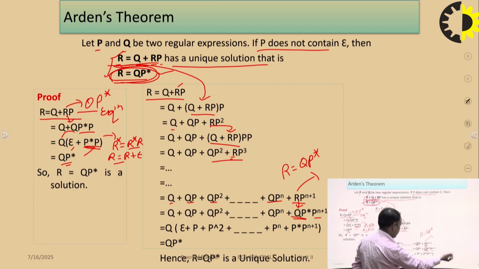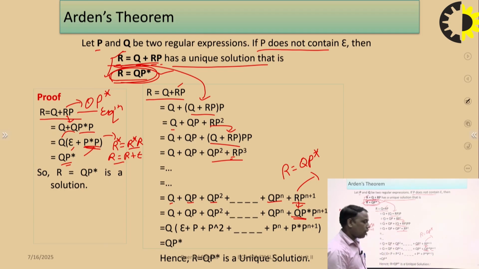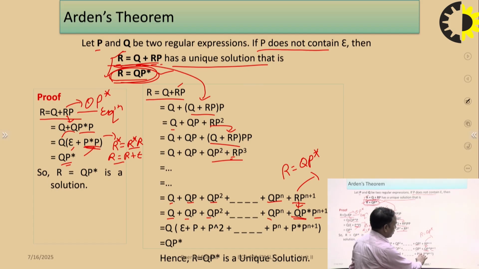Now in this equation the common part is Q. Taking Q as common, the remaining part is epsilon, P, P², up to Pⁿ, plus P*Pⁿ⁺¹.